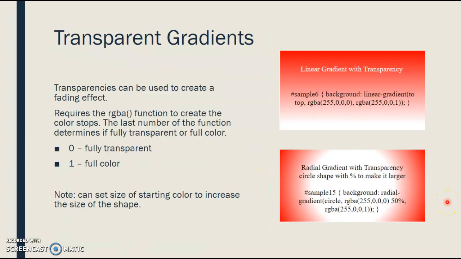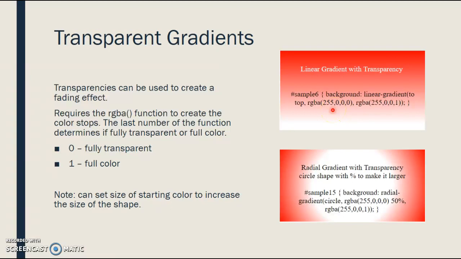The other thing you can do using a gradient is to create transparencies, which is a fading effect from color to white, where it's just fading out. To do this, it requires using the RGB function, or rather RGBA. RGB is 3 colors.